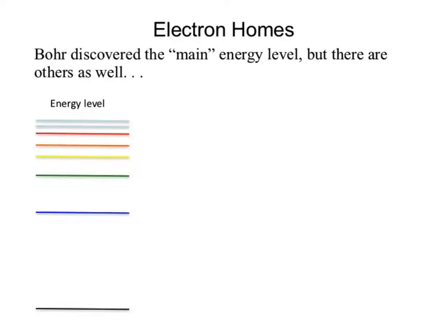What charge is an electron? Negative. What happens when I bring a negative near another negative? They repel. How many electrons can I put in each of these orbitals? One, because if I put in more, they repel away from each other. How many energy levels do I have? 7. That means I can have a total of 7 electrons. How many elements do we have? Slightly more than that.